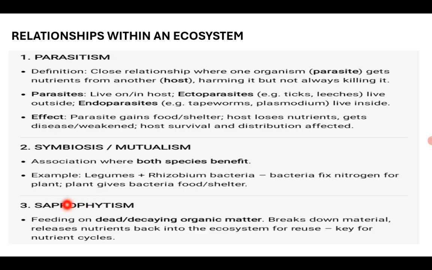Another relationship in an ecosystem is called saprophytism. Saprophytism is feeding on dead or decaying organic matter, whereby the dead organic matter is broken down, releasing nutrients back into the ecosystem for use. This is very key in the nutrient cycles, which we are going to discuss later in a separate lesson, such as the nitrogen cycle and carbon cycle.